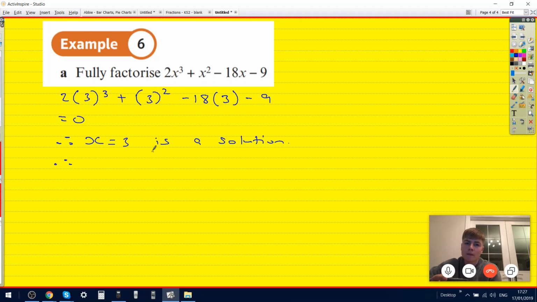What if you were doing a quadratic? If you got the answer x equals 3, what was in the bracket? x minus 3. Well done. So x minus 3 is a factor. So what that tells you is that one bracket will be x minus 3. What would be the second bracket at the start? x.